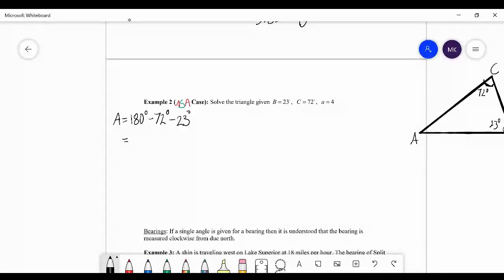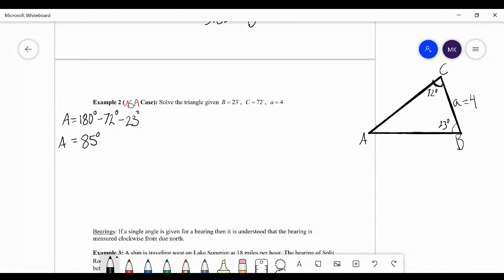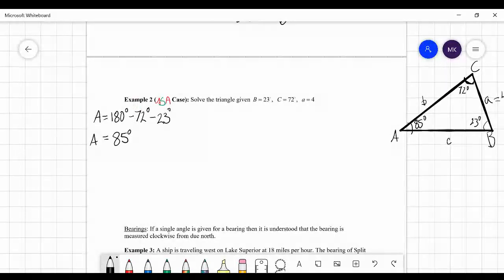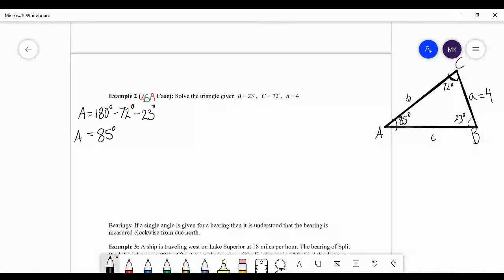And we get very simply that angle A is 85 degrees. Okay. So angle A is 85 degrees. So to find sides C and B, we do the exact same thing we did in the previous problem.